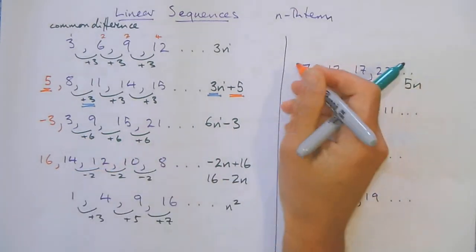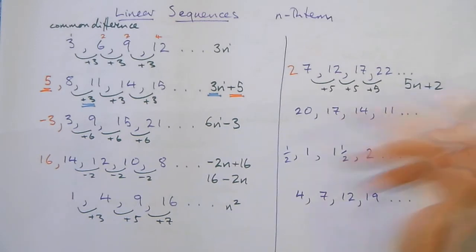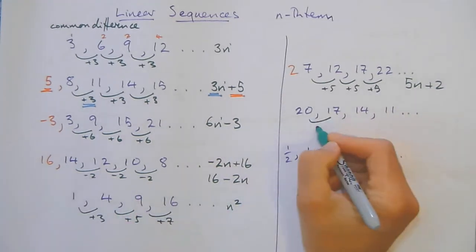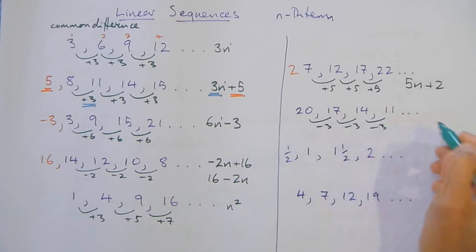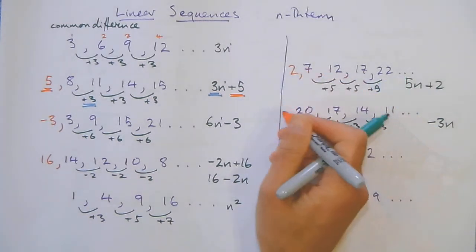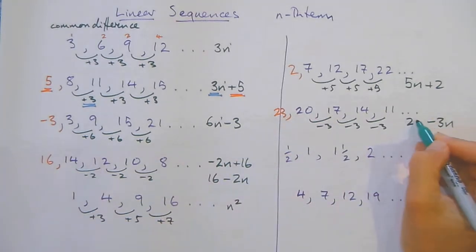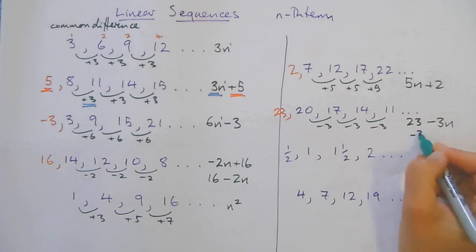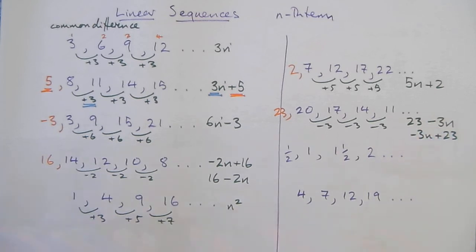The previous term would be a 2. That one's 5n plus 2. Take 3, take 3, take 3. Minus 3n. The previous term would have been the same as this, we don't mind which of those.